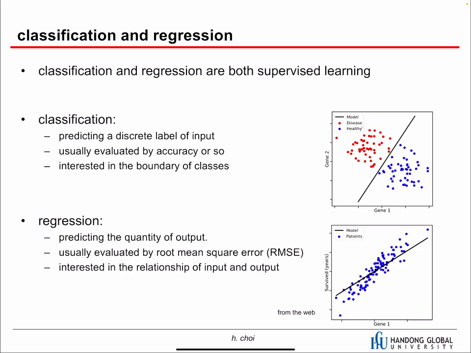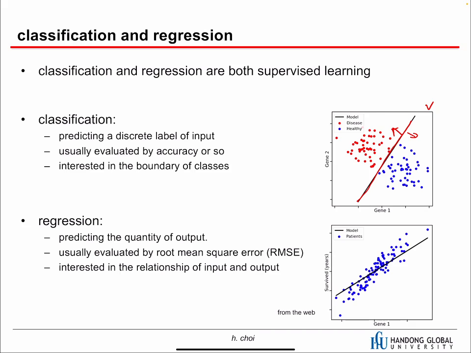There are a couple of different evaluation metrics, but most of the time accuracy is one of the most popular. Classification is interested in the boundary of classes. As you can see here, we have two classes, disease and healthy. If the point is on this side, then it is disease. When points are on this side, then it is healthy. So we are interested in the boundary.